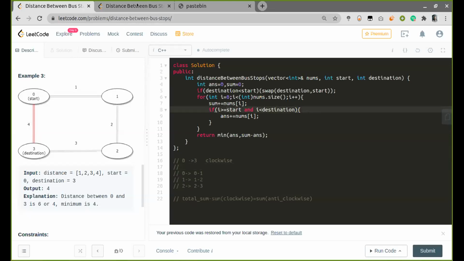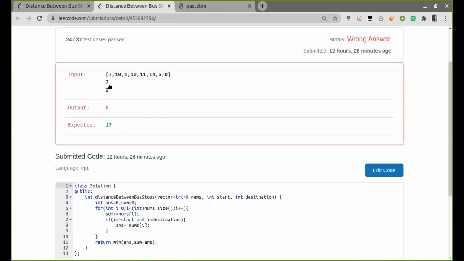Since I have to go for values greater than or equal to 7, and also the value has to be less than 2, which is not feasible. There can't be any value which is greater than 7 and less than 2 at once. Correct. So this is why I need to swap it. Going from 7 to 2 is the same as going from 2 to 7.